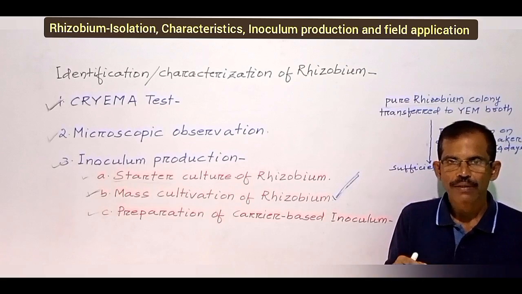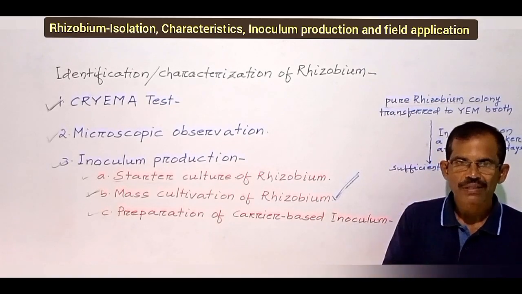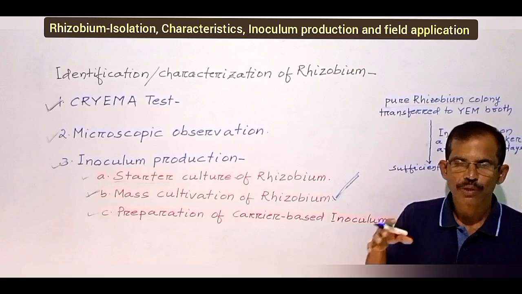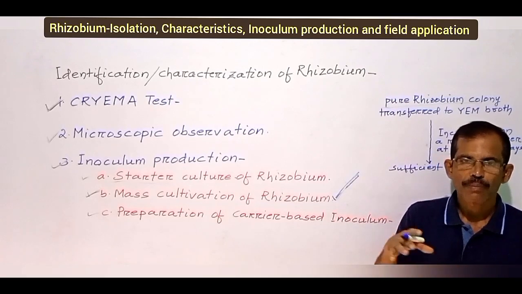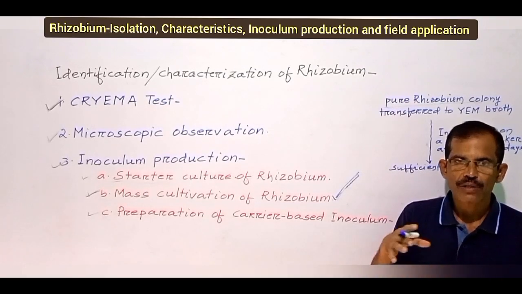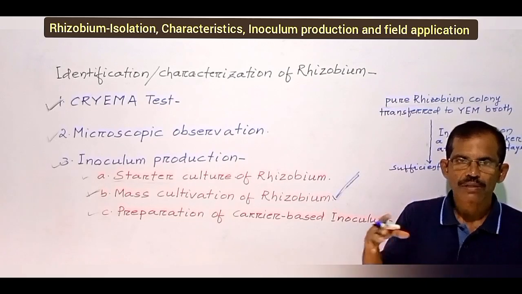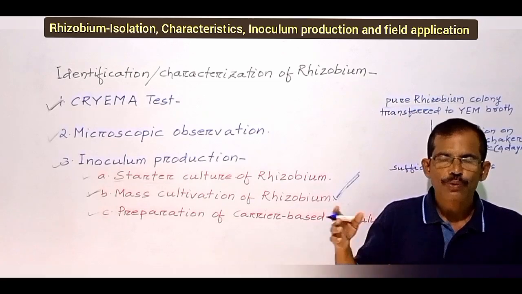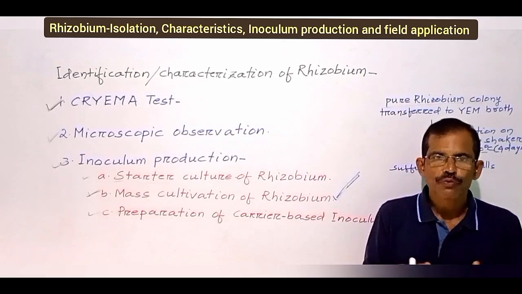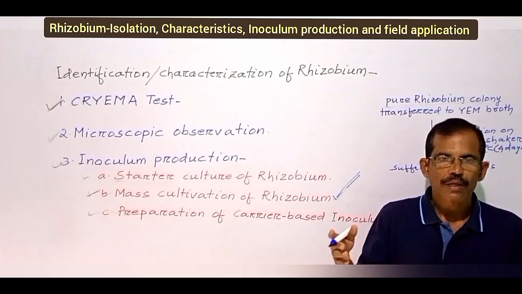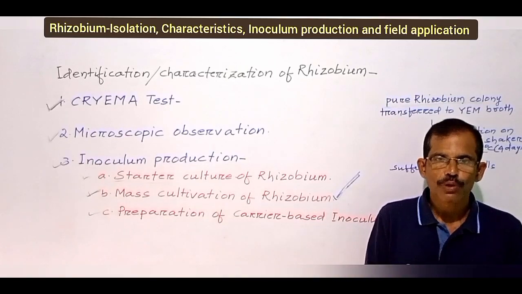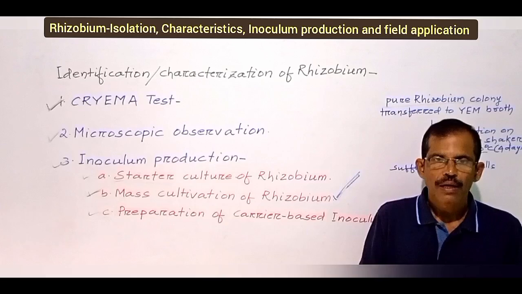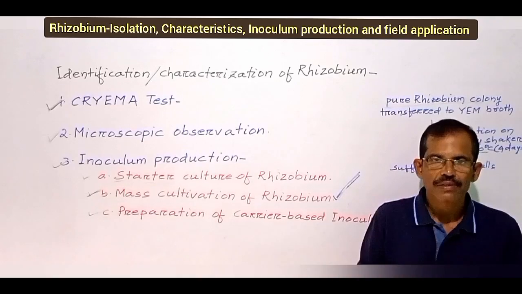After pH adjustment, the nutrient broth present in the production fermenter is inoculated with a small amount of purified rhizobial colonies from the mother culture. This is followed by incubation at 30 to 32 degrees centigrade for 3 to 4 days. As a result of this incubation, Rhizobium will grow and we will get a large quantity of nutrient broth containing large number of purified rhizobial cells.